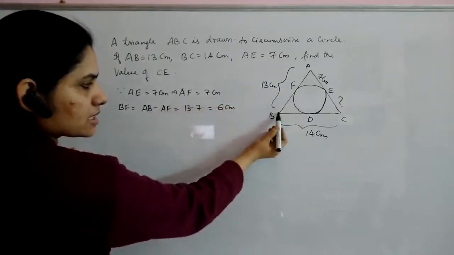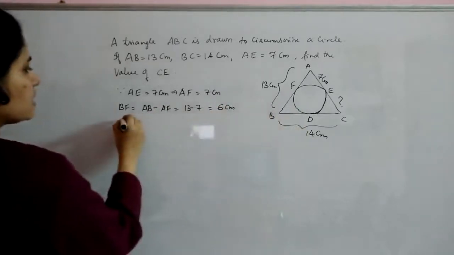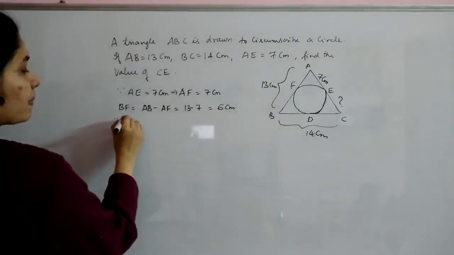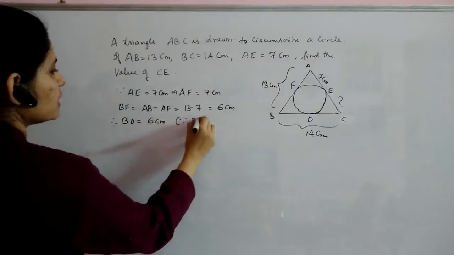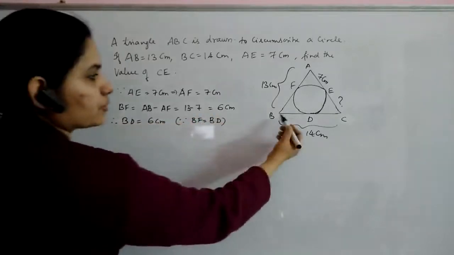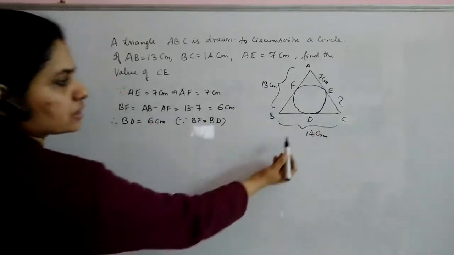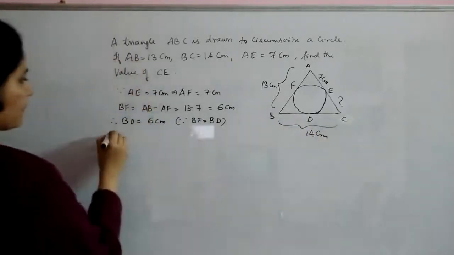Now, again, B is an external point. This is 6 centimeter means this is also 6 centimeter, right? Therefore, BD is also equal to 6 centimeter since BF is equal to BD. Now, if you got BD, this is 14 in total, so you can find out what is DC.